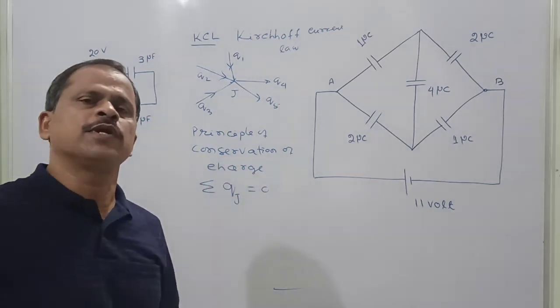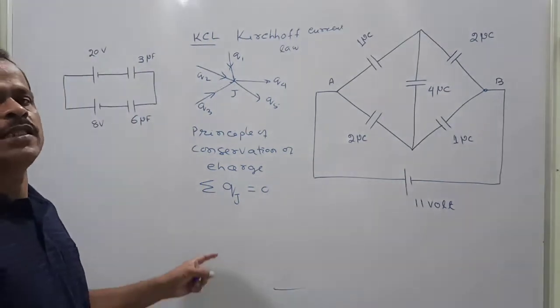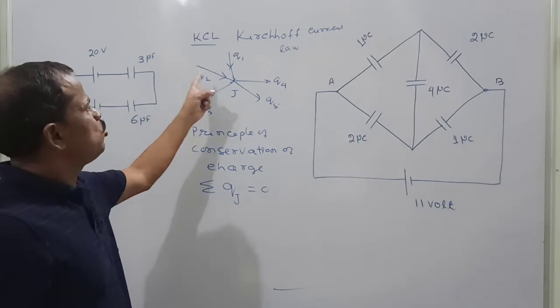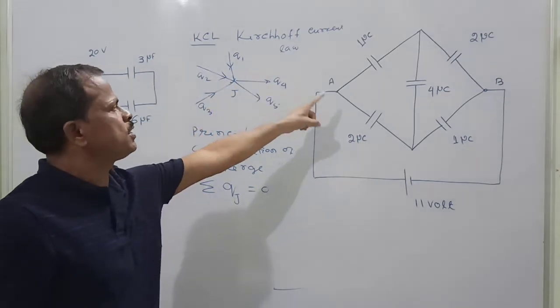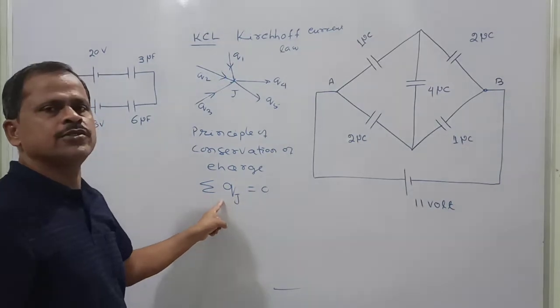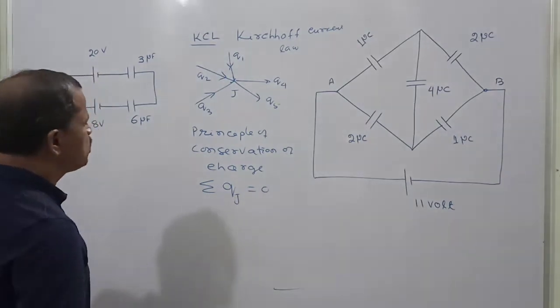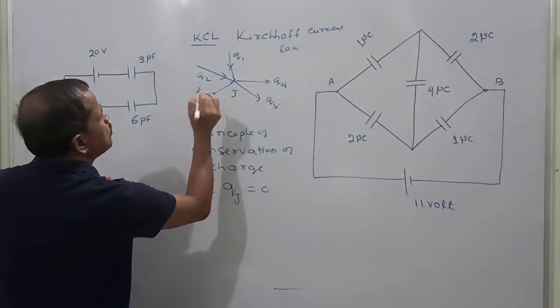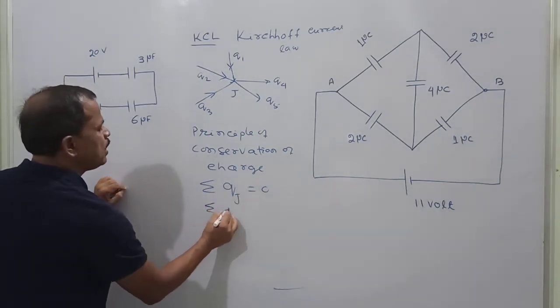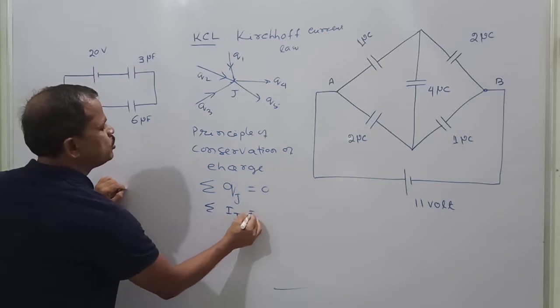The summation of current at a junction being 0 means there is no accumulation of charge at a junction. So total charge coming to a junction must be equal to total charge going out of the junction, so that net charge accumulation at the junction is 0. So the summation of Q at junction J is equal to 0.